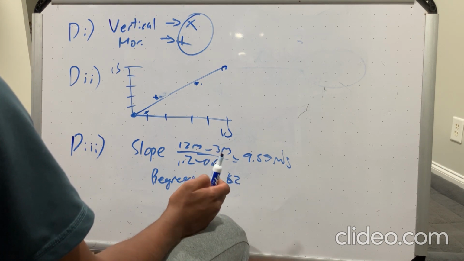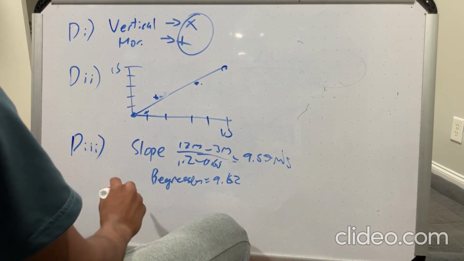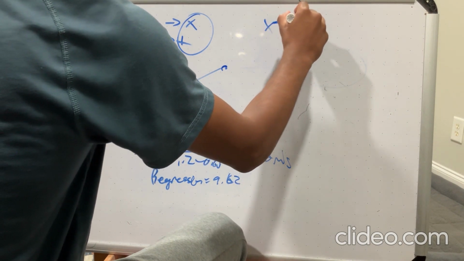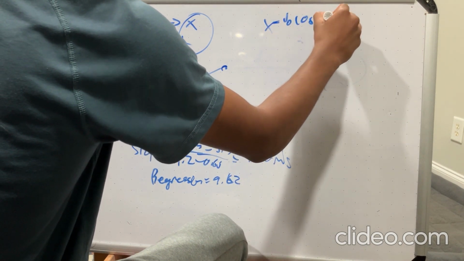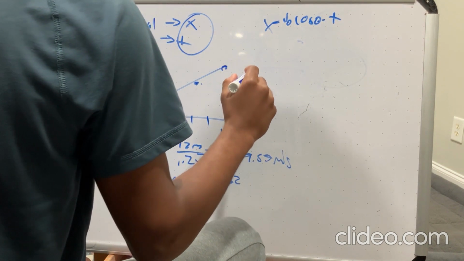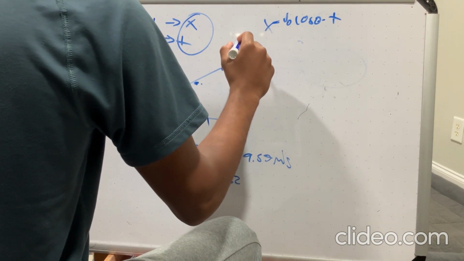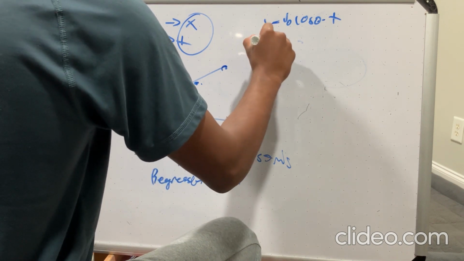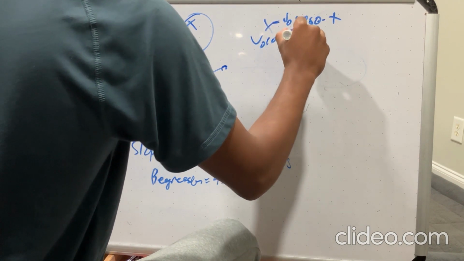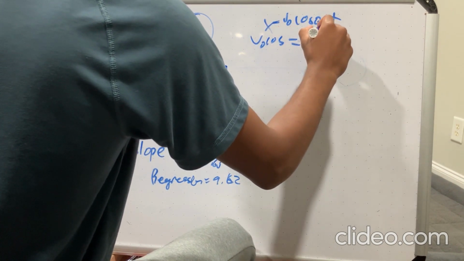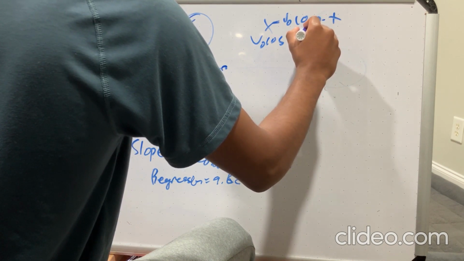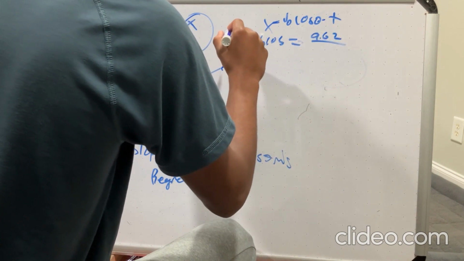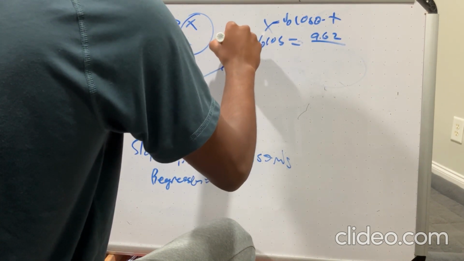And now, if you plug it all into x equals v naught cosine theta times t, you would get v naught cosine equals 9.62. So the slope equals v naught cosine theta.